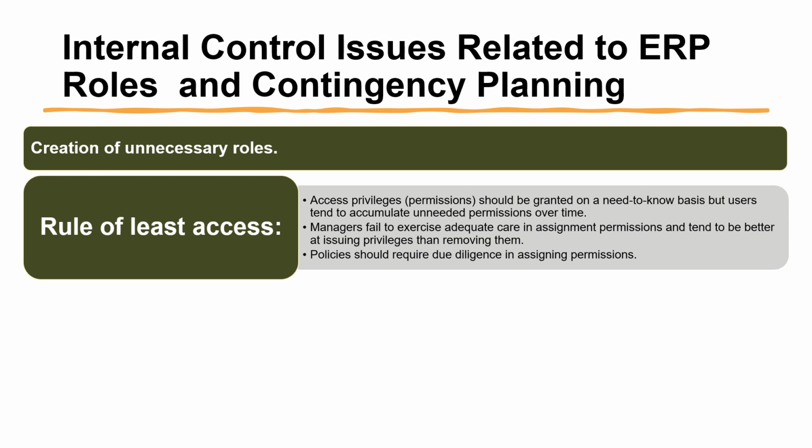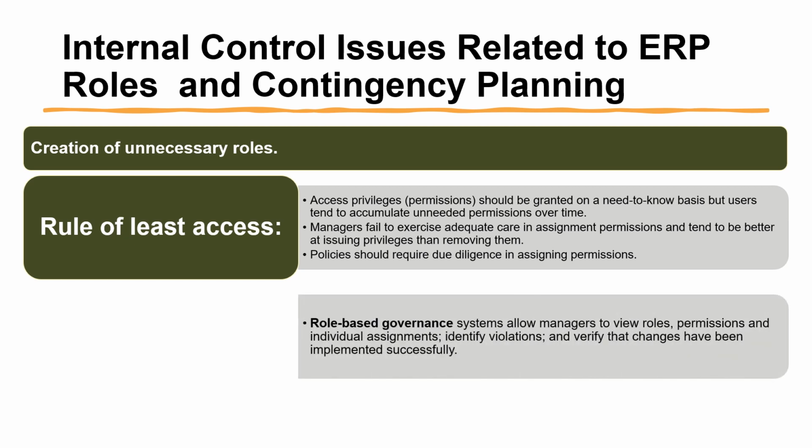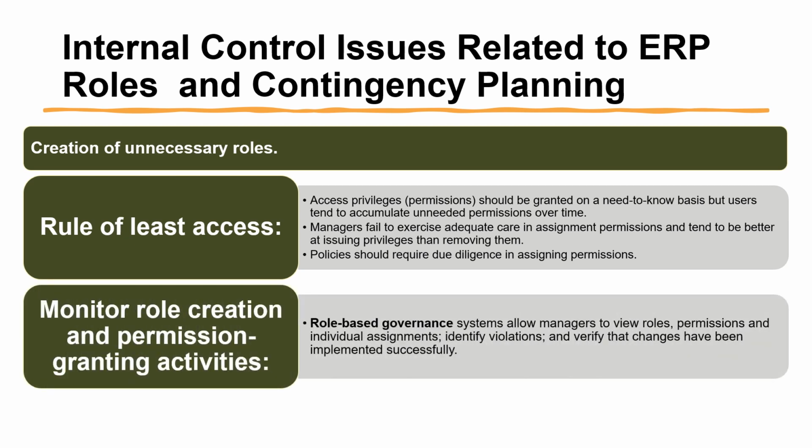So they keep giving permission of access rather than removing unneeded privileges of access from staff. Policies should require due diligence in assigning permissions, and then monitoring role creation and permission-granting activities.